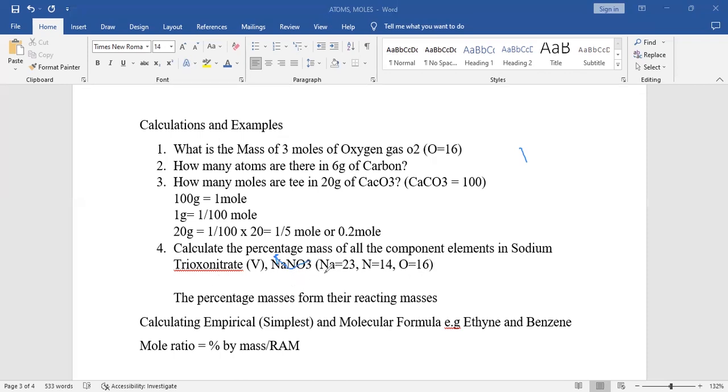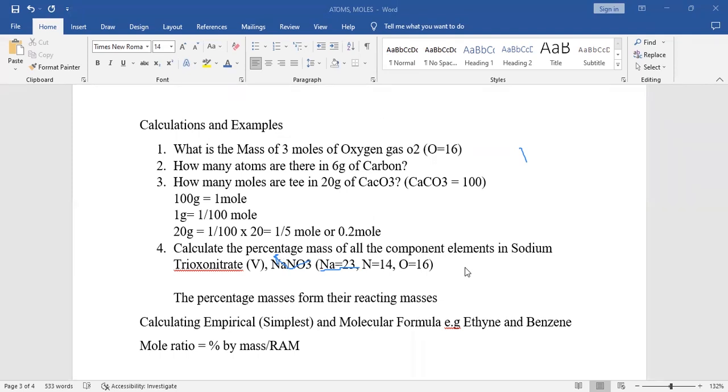So the percentage mass of sodium will be 23 over the total 85 times 100 over 1. For nitrogen, it'll be 14 over 85 times 100 over 1. For oxygen, which has 3 here, it'll be 3 times 16, that's 48, over 85, the total, times 100 over 1. So that's it basically.